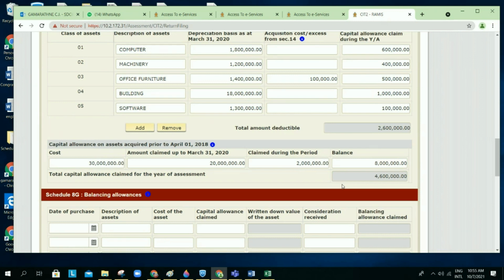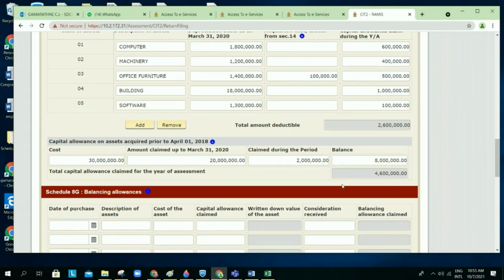Then the total costs you already identified when you were preparing the schedules for returns 18/19 and 19/20, right? Then up to 31st March 2020, you can mention the value you already claimed and the value you are going to claim from this year, and any balance you mention in the balance column.